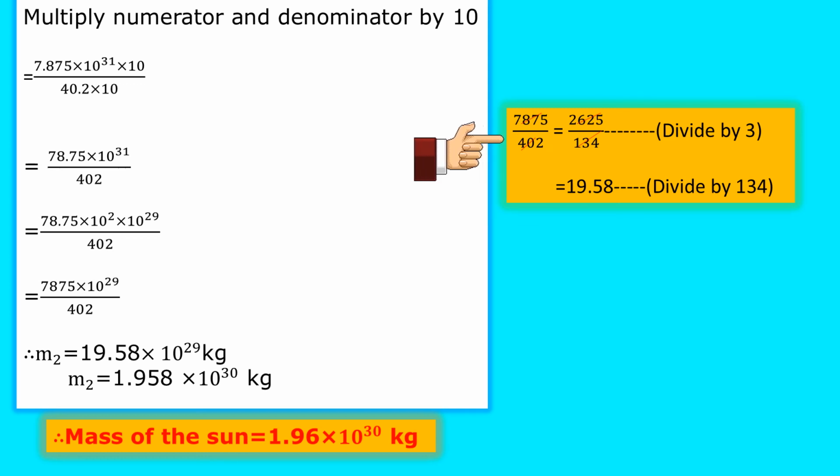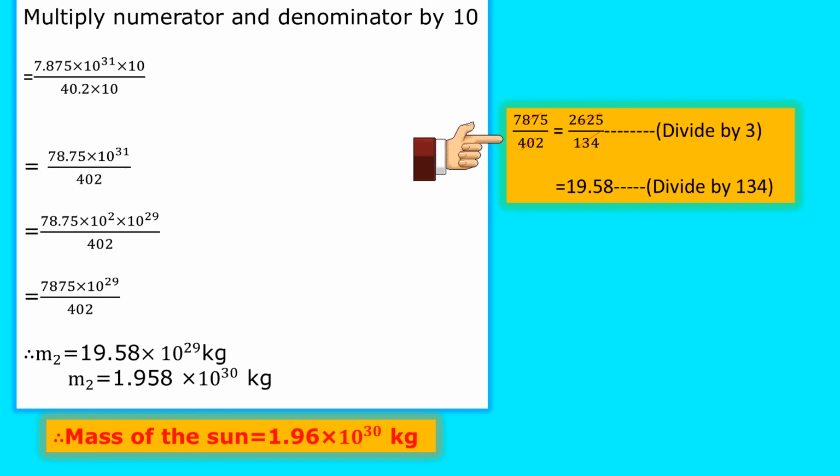Then we will write this 10 raised to 31 as 10 raised to 2 into 10 raised to 29. So it will be 78.75 into 10 raised to 2 into 10 raised to 29 upon 402. Now after multiplying by 10 raised to 2, the decimal point of the numerator will also go. So 7875 into 10 raised to 29 upon 402.